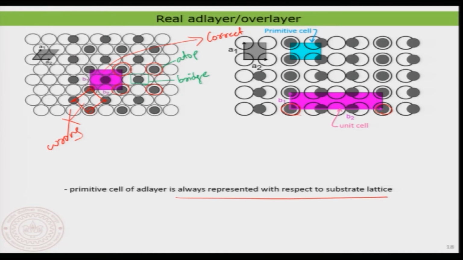This is because when you make an Adlayer, it is not necessary that you always make an Adlayer of one material on the same material. It is always a different type of material, and their bulk atom distances are different. For example, if I try to make a silver Adlayer on copper, the copper bulk lattice is 2.5 and that of the silver lattice is basically 2.9.